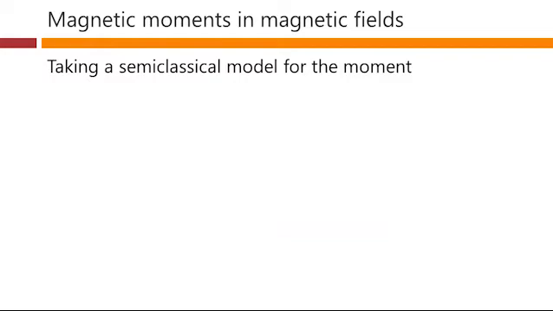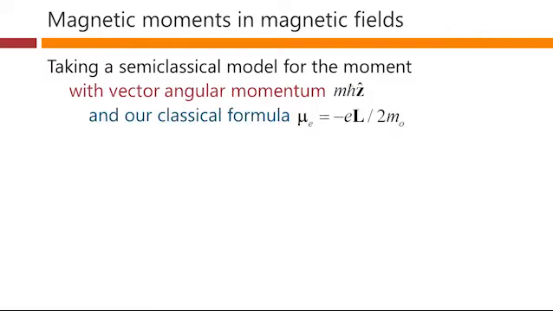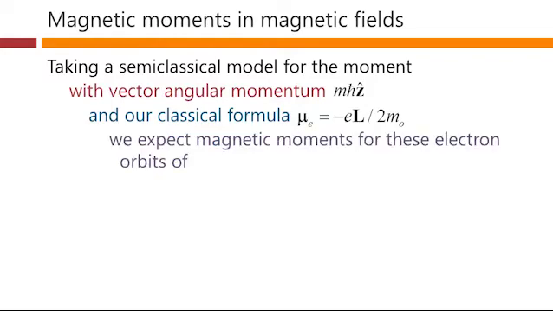So continuing with a semi-classical view here, a semi-classical model for the moment, with a vector angular momentum m times h bar times z hat, unit vector in the z direction, m is our integer here. Our classical formula would give us a magnetic dipole moment like this. So we would expect magnetic moments for these electron orbits of this kind here.